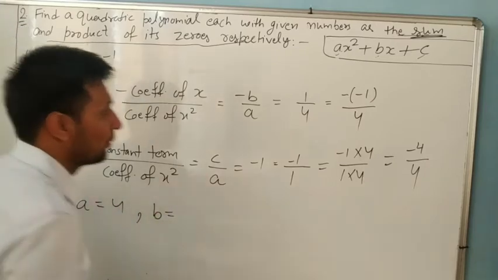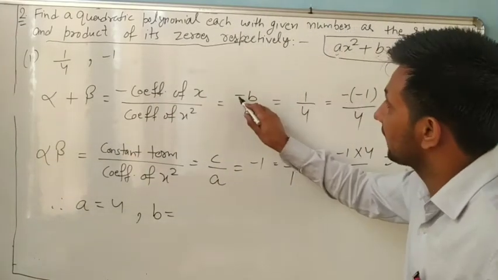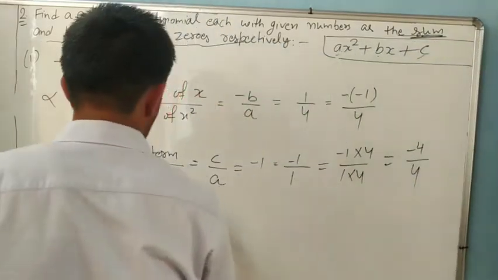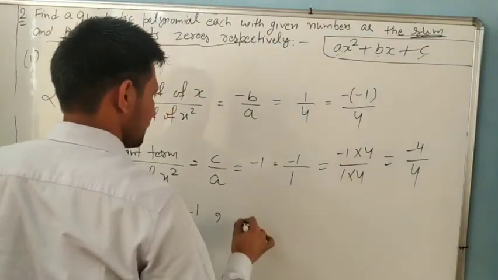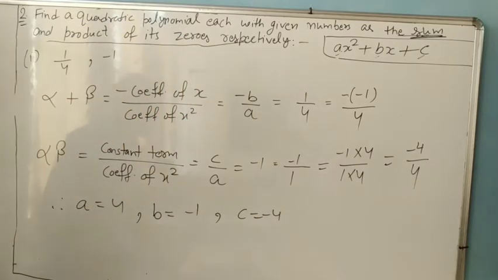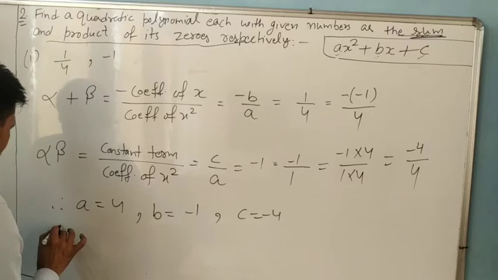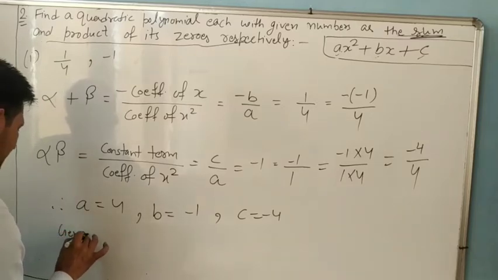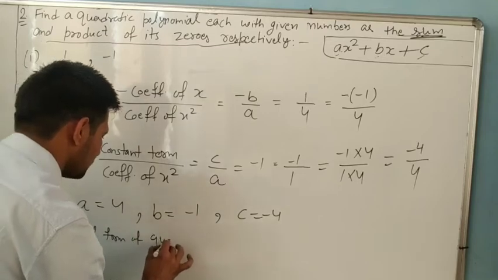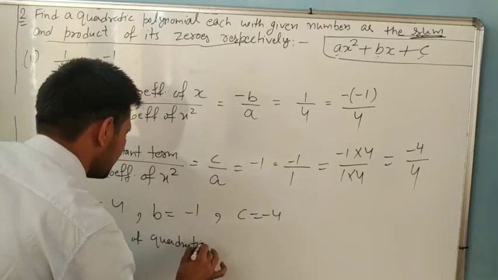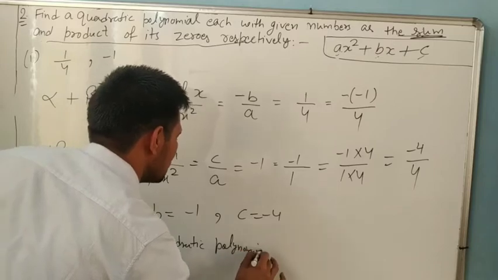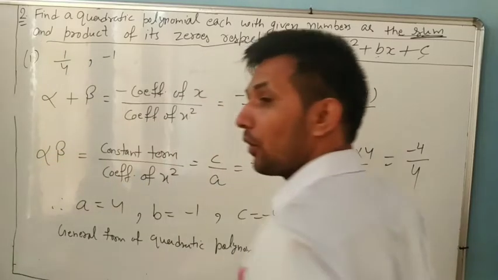B is how much? The minus sign stays as it is, so b is minus 1, and c is also minus 4. To write the general form of a quadratic polynomial, what is the general form?